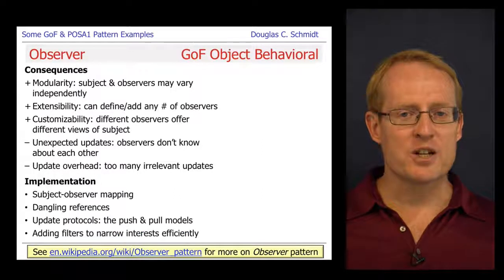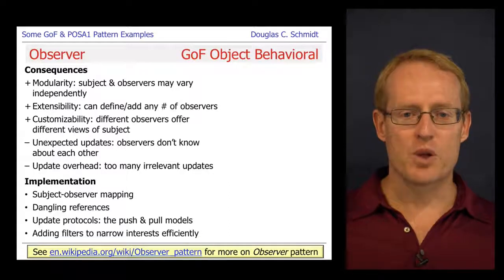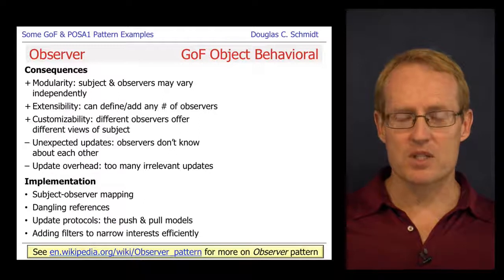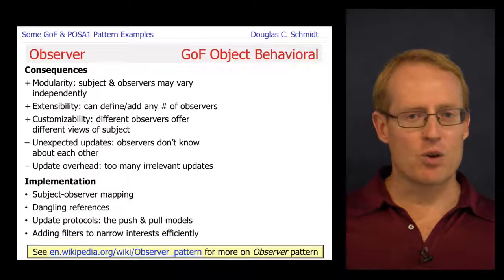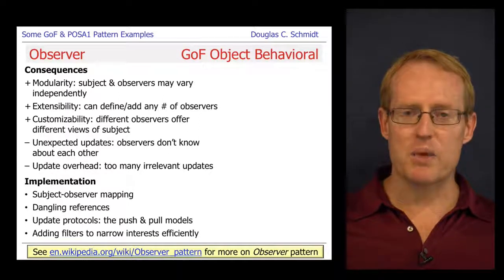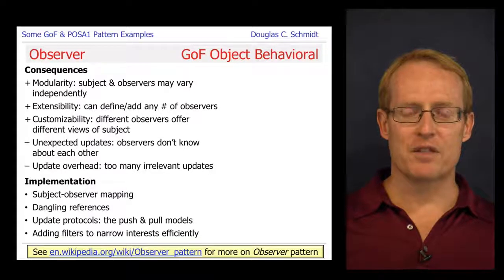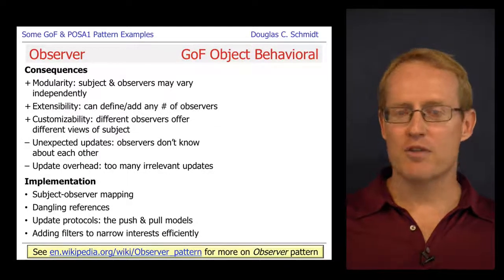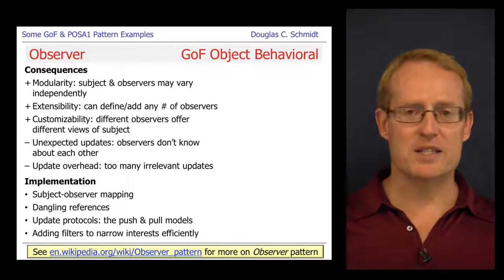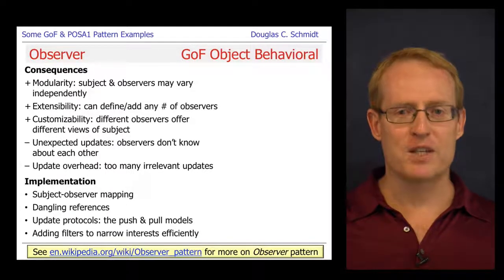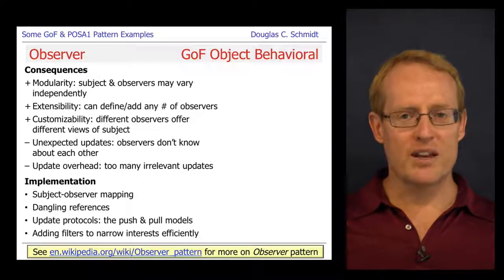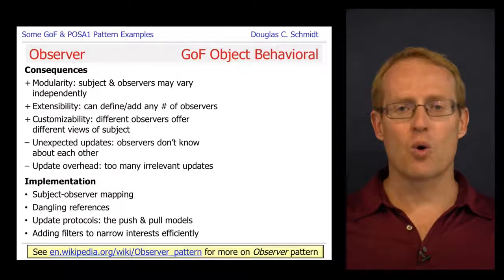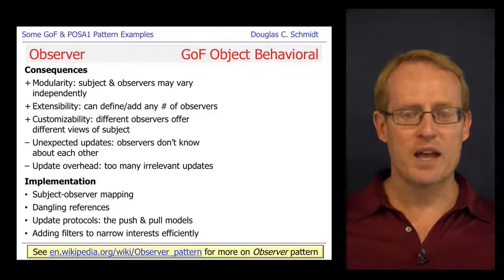So what are some implementation considerations to address some of these issues? Well, one thing we have to deal with, of course, is how do we map subjects and observers to each other? If you're co-located in the same address space, you would probably use some kind of data structure, like a linked list or an array of pointers to base class objects, or an array of references to objects that you could then iterate through and dispatch by just making a method call, calling update, or onChange, or onReceive.